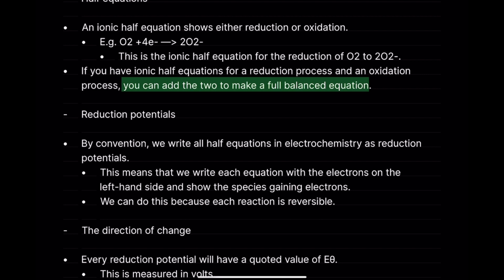Say this one has a higher value, so it's reduction, which means the other one that they've highlighted for me to look at must be the oxidation reaction, and therefore I just flip the reaction round. If one way is reduction, the other way must be oxidation. Say these are two equations and these are the two directions: one's going from left to right, one's going from right to left, and I can use that to make our balanced equation.